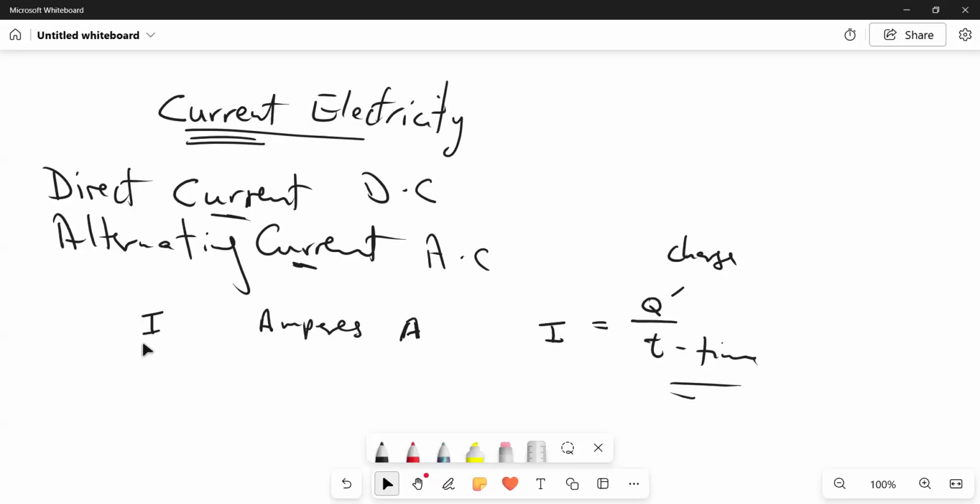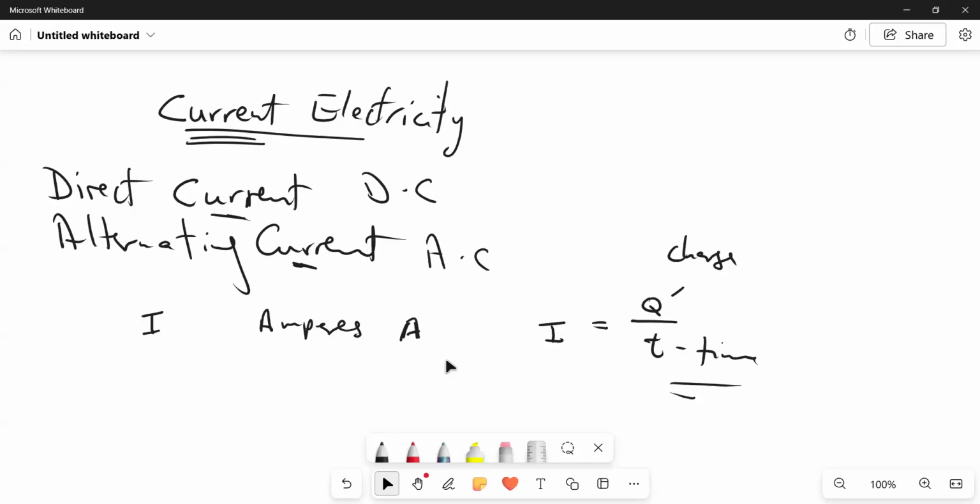Good. So as we said, the unit for current is the ampere, right? And all of these are names of people that they borrowed. Maybe this person did a lot of work in the area of electricity, and they borrowed his name to name the unit of current. The symbol is capital A, right?